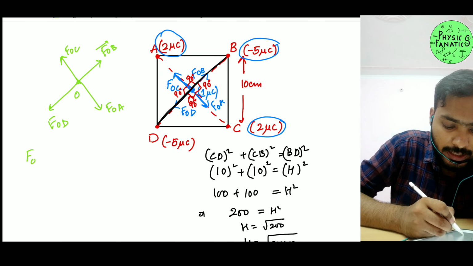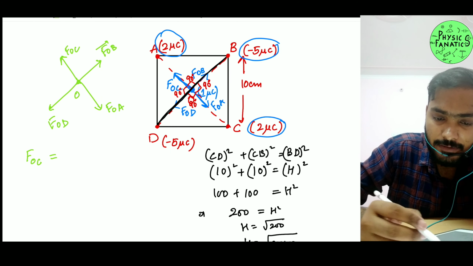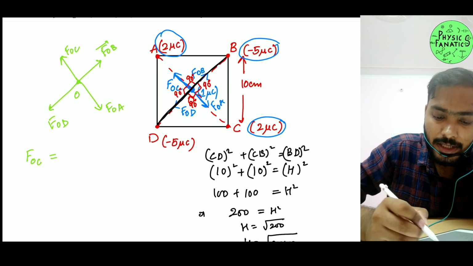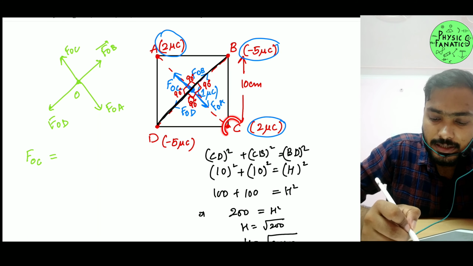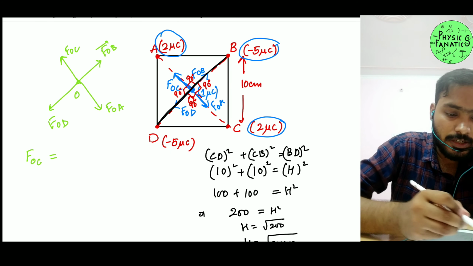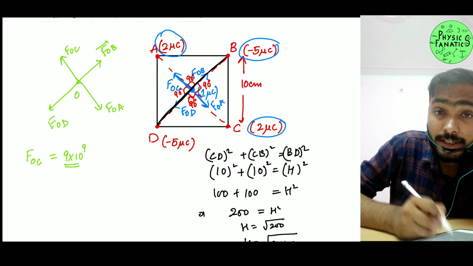Okay, what is FOC? Let's try to do this. FOC, where is FOC? You guys can understand that FOC is this one. So this is the charge, and there is this charge, and the distance between them. Let me just very quickly write it: 9 into 10 to the power 9, this is the value of K. I hope you guys understand.